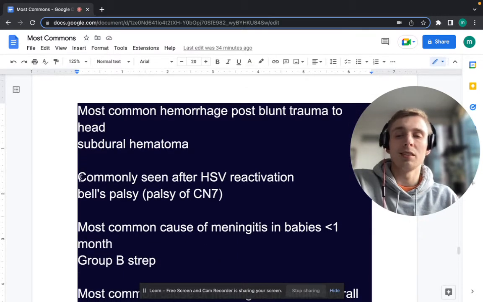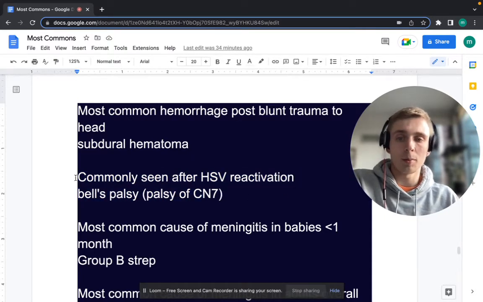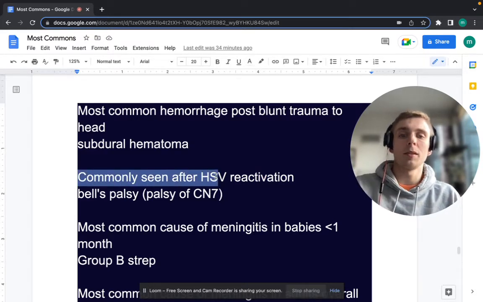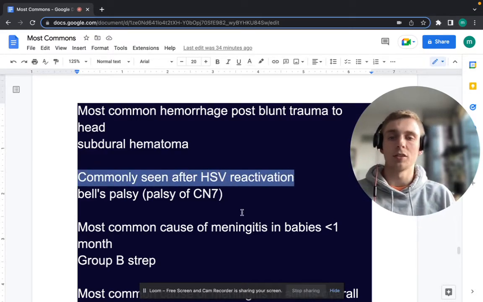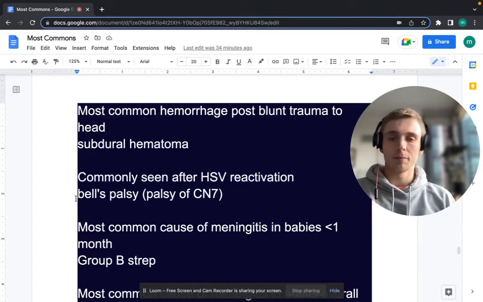What is the most common thing seen after an HSV, herpes simplex virus, reactivation? That's going to be Bell's palsy. Bell's palsy, palsy of cranial nerve 7, the facial nerve, which does all your facial movements.